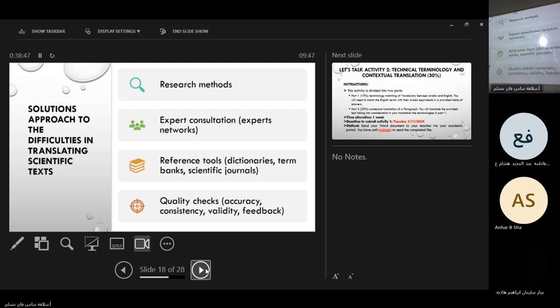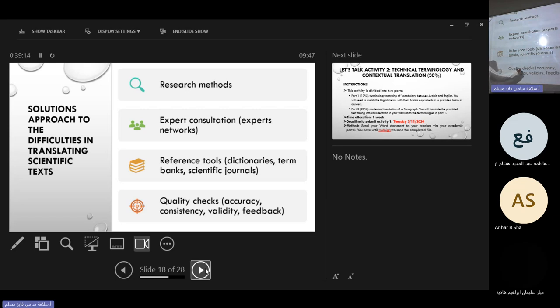They can also consult experts through expert networks, or they can go to reference tools like dictionaries, term banks, scientific journals, CAT tools, machine translation tools.